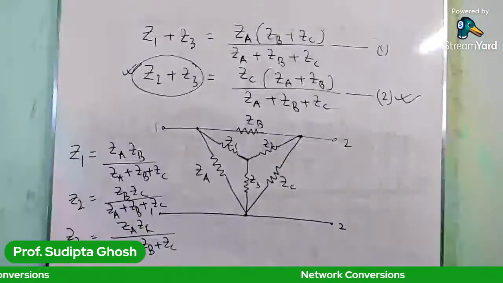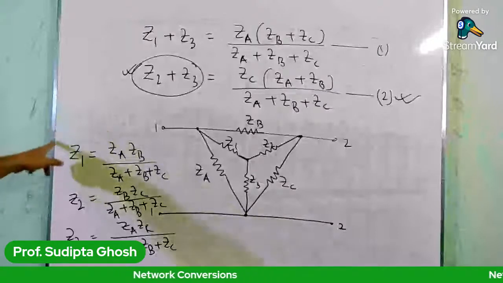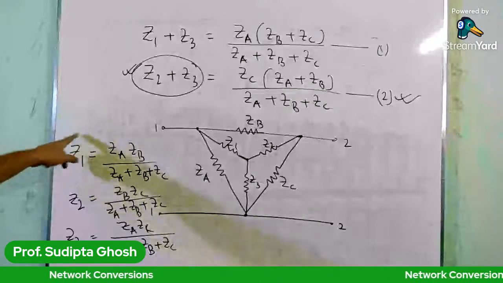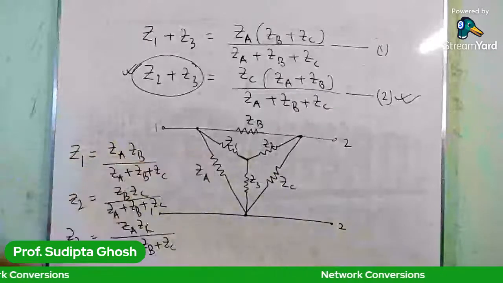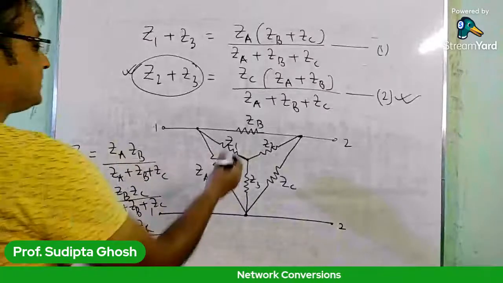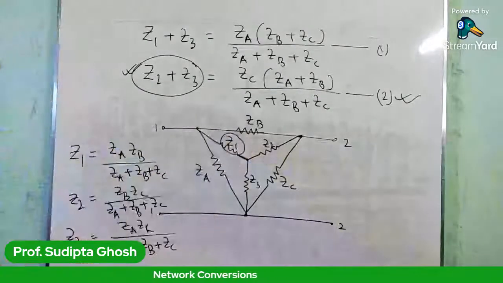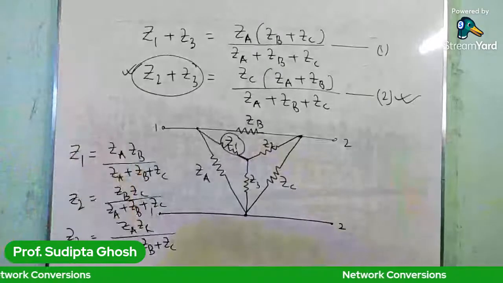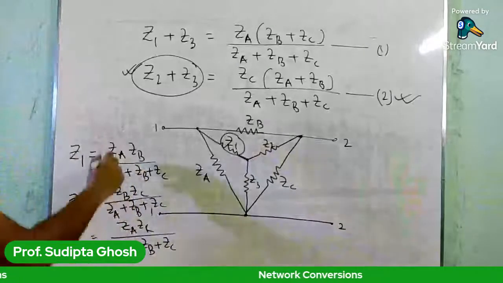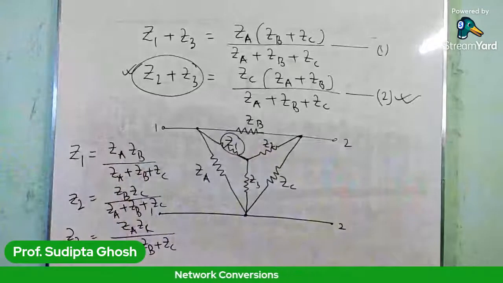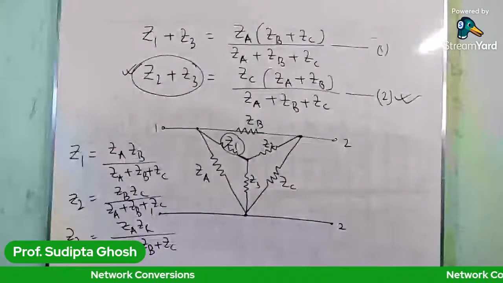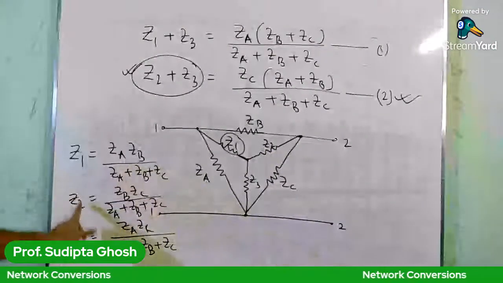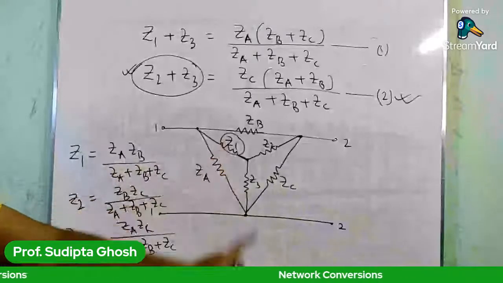Now let's consider carefully. We have to find out the value of Z1. So here this is Z1. Remember one thing: the denominators of all these three equations are the same, that is ZA plus ZB plus ZC.